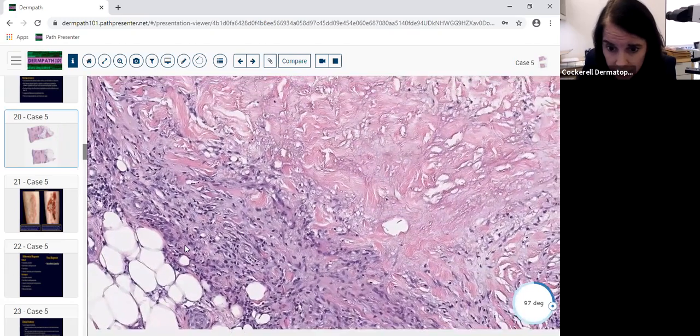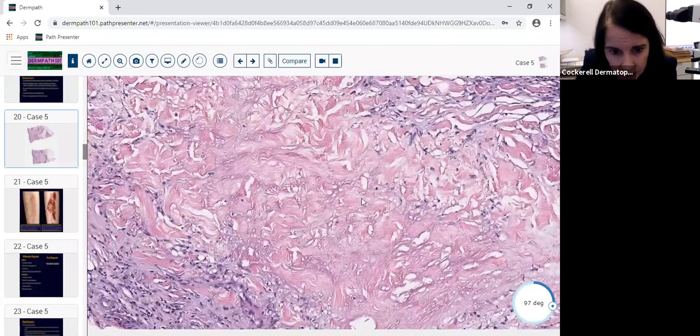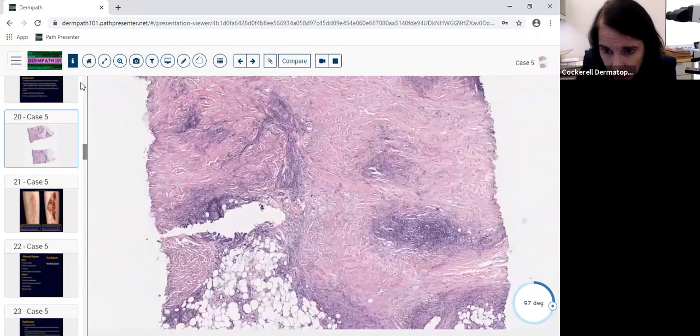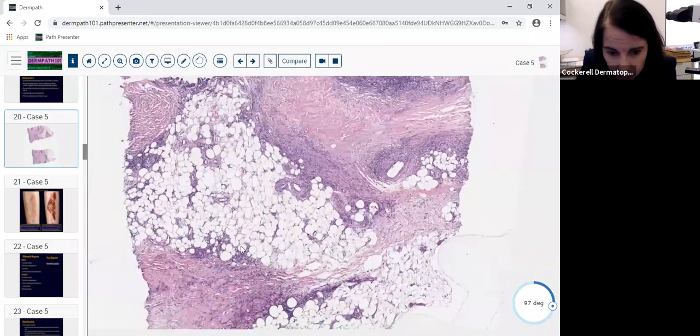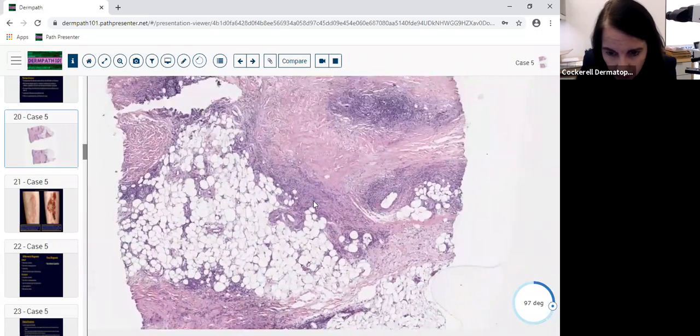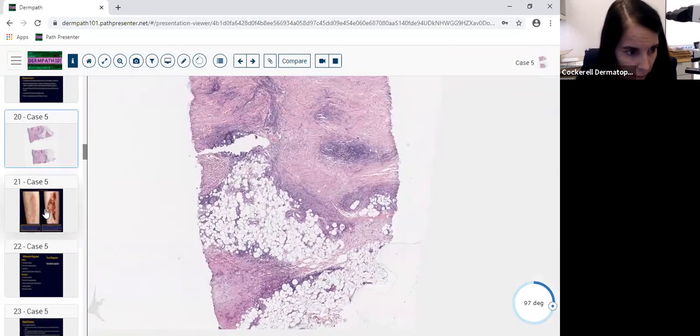Also, the fact that there isn't much mucin, there's more necrobiosis than mucin. But with this straight edge on the side of this punch biopsy and this cake layering phenomenon, also the thickening of the septae in the panniculus is very, very characteristic of this entity, necrobiosis lipoidica.